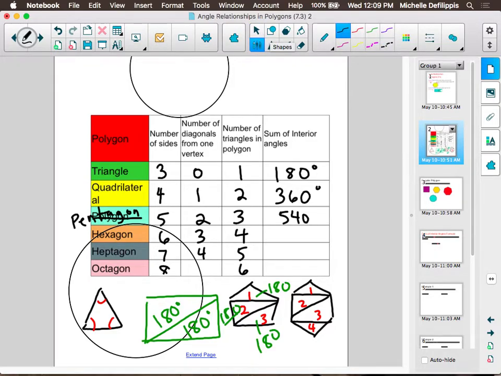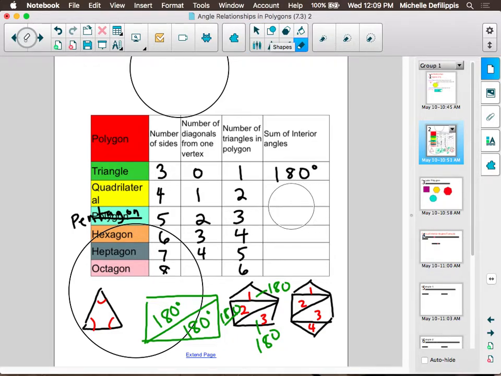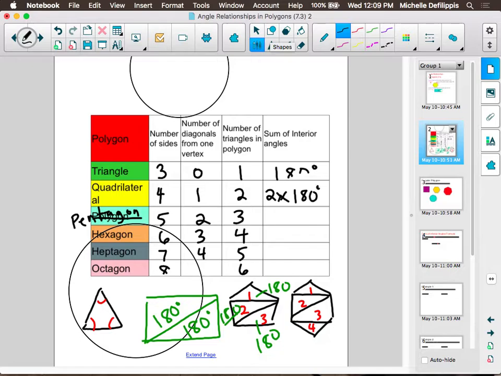So where do these numbers come from? Okay, just erase that. So really, we got the 360 because it's 2 times 180. In this case, it was 3 times the 180 because there were 3 triangles that gave us 540.